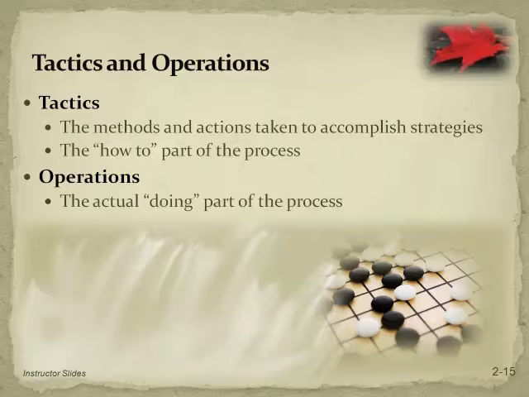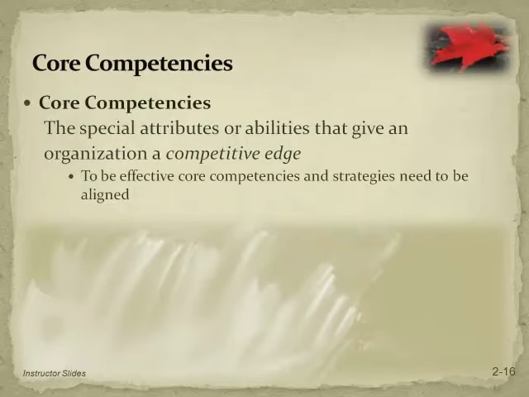So these are the short-term things that may be a project that lasts for 3 months or 6 months or possibly a year. To implement a new information system could be an example of a tactic, or to implement just in time or something of that nature. So strategies are supported by various tactics. Remember that these are hierarchical in nature.